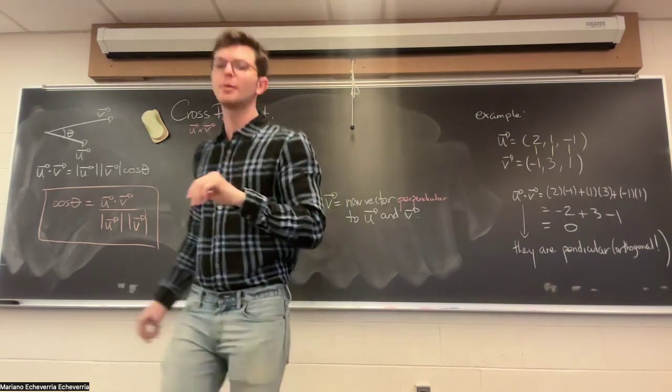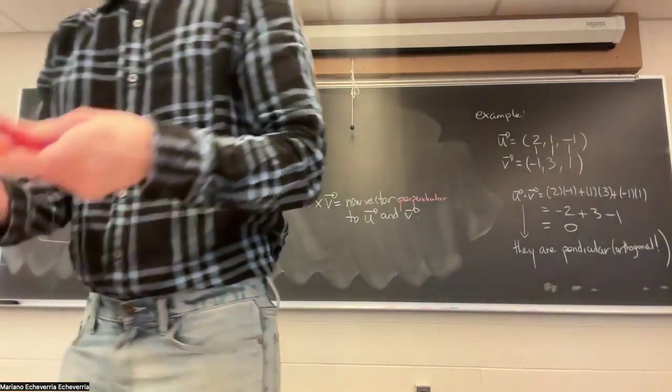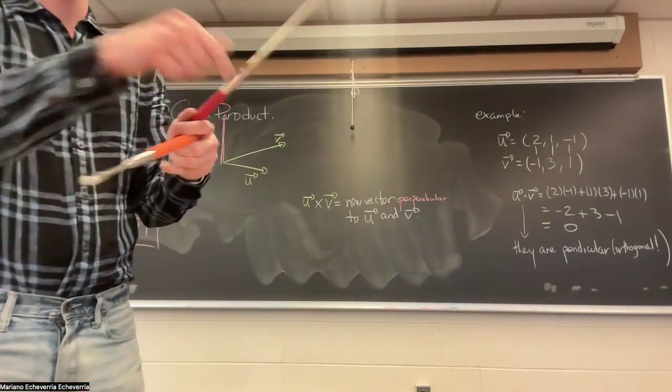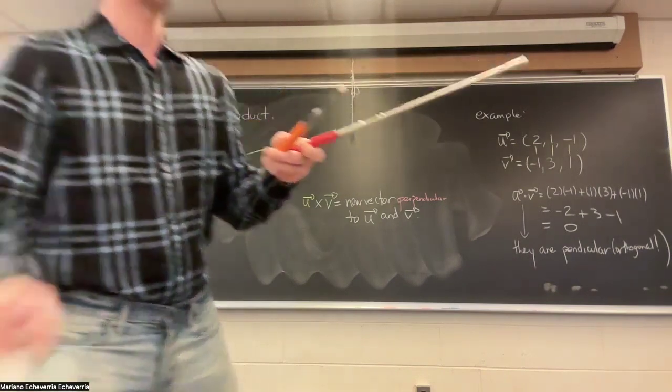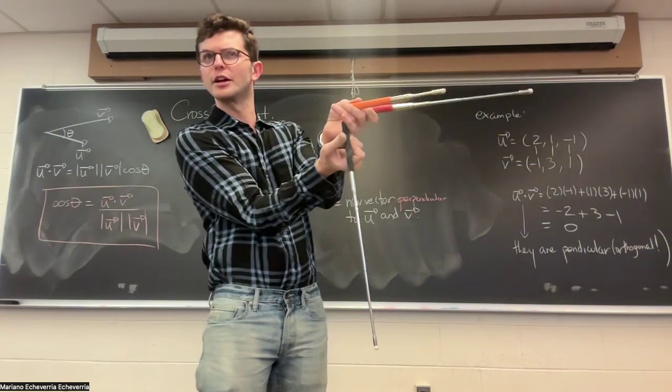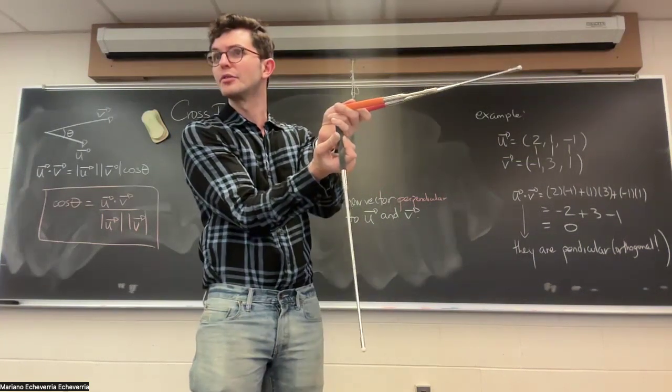Because if I have the two vectors like this, then this one is clearly perpendicular to those two vectors, but you just turn it around and that continues to be perpendicular to those two vectors.